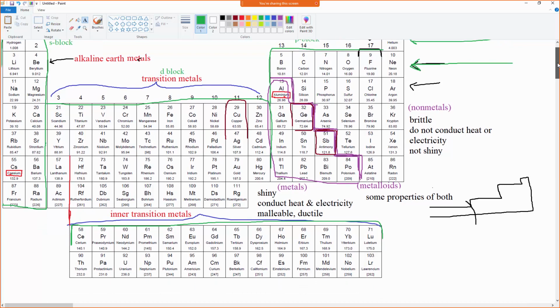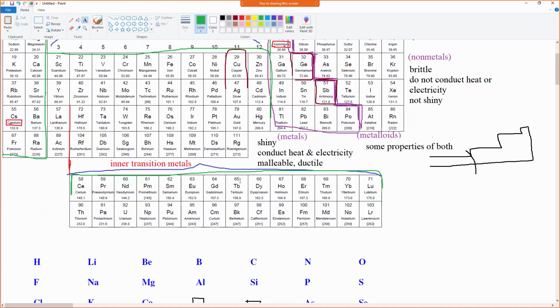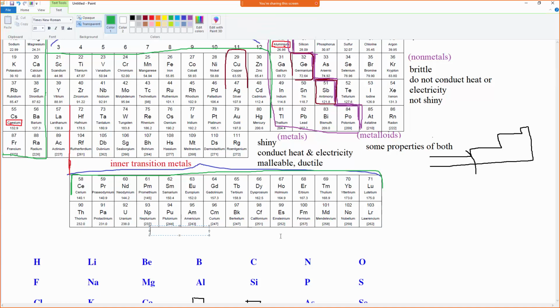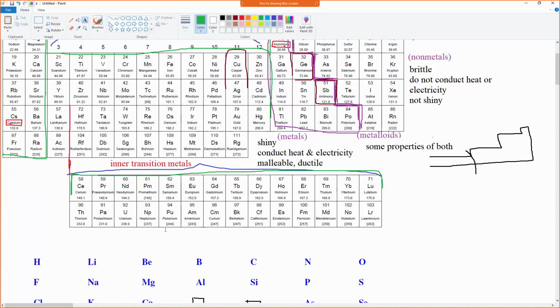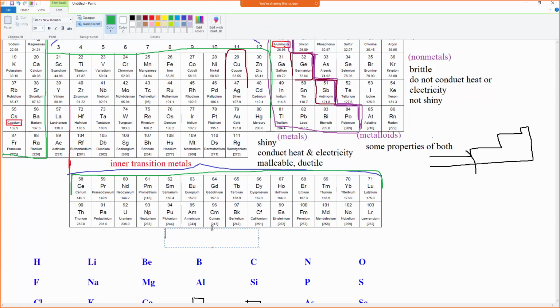Now, that means the inner transition metals are filling what type of orbitals? Nope, transitions were the D block. So these are the F block.